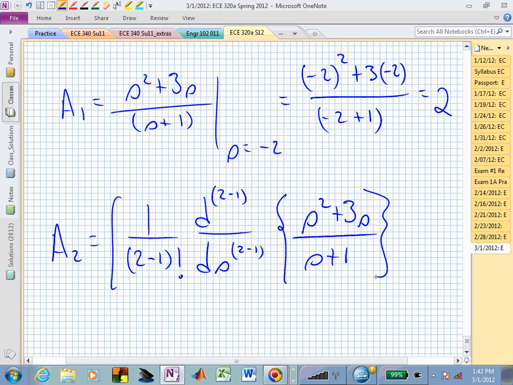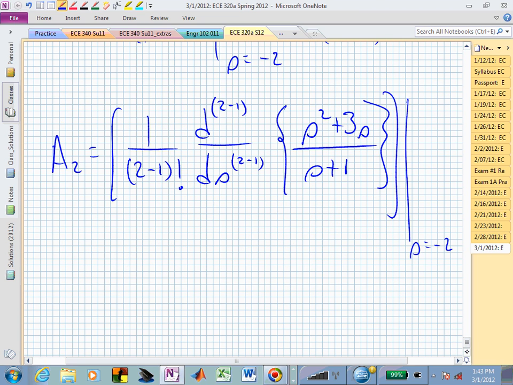That's what happens when we hit V of s with s plus 2 quantity cubed. We're just left with that piece. And then once we do that, we will evaluate it at s equal minus 2. And we have then 1 over 1, and we simply have one derivative of that expression.